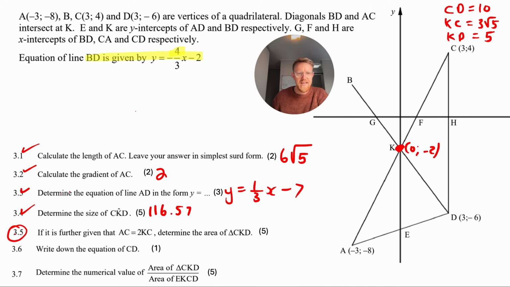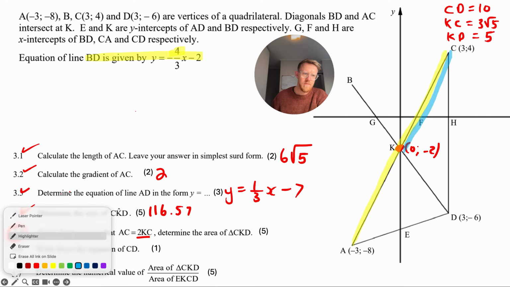This question says, if it is further given that the length of AC is 2 times the length of KC. Okay, so AC, which is this one here, they're telling us that that is 2 times the length of KC. And KC is this one here.